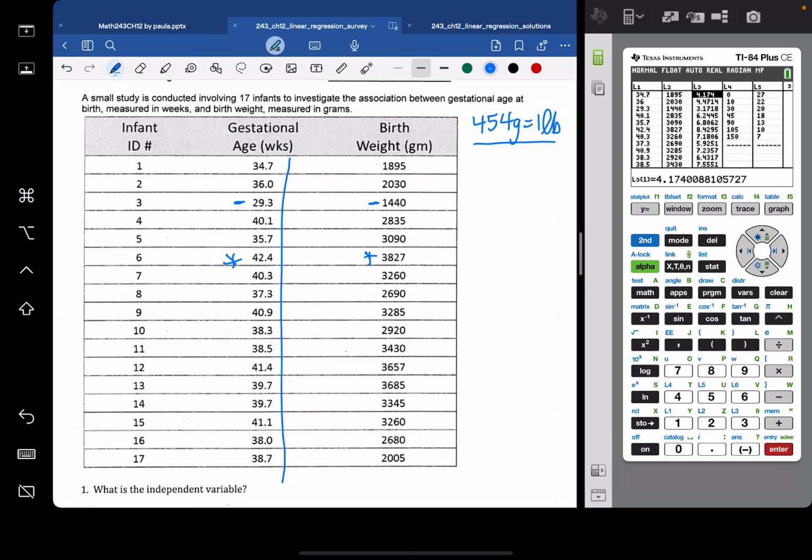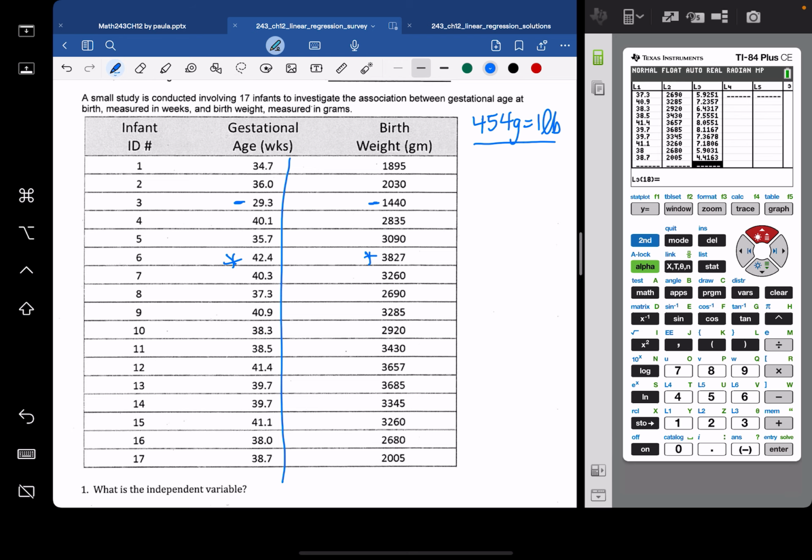So I thought that would be kind of interesting to be able to see. So that heaviest baby at 42.4 weeks was 8.5 pounds. And I've certainly had friends who had 10-pound babies. I am not seeing any 10-pound babies in this study. Looks like 8.5 pounds was about the heaviest baby in this particular study. And wow, that premature baby was only 3 pounds. Okay.